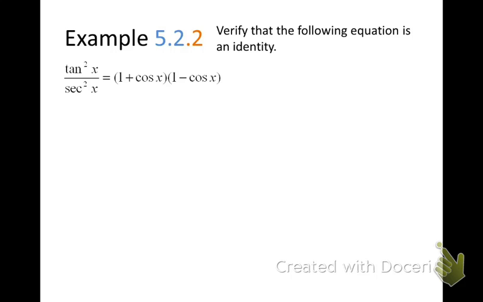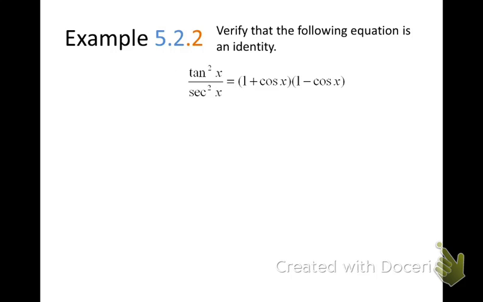So for this one, again, you want to verify that the following equation is an identity. Sometimes it's going to be beneficial for you to work on both sides. That's why I centered this, just so that I could work on both sides if I need to. I'll just draw a bar down the center of this, just so that I'm able to see which side is which usually.